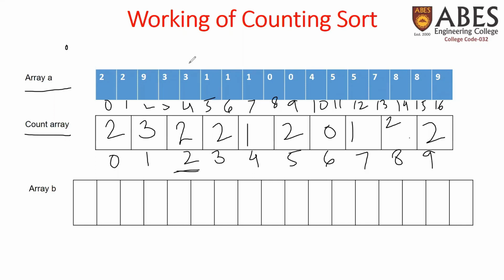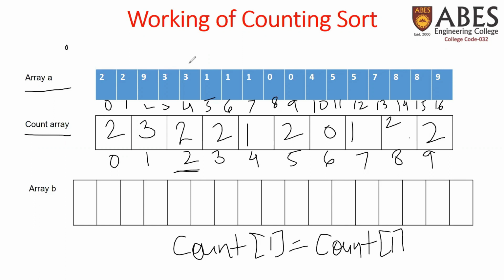The value of count 0 will remain the same, and you need to update count 1 as count 1 plus count 0. You need to add the previous value. I mean to say 0 will remain the same, but in case of 1, this will become 2 plus 3, that is 5.